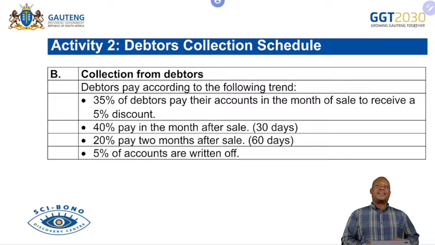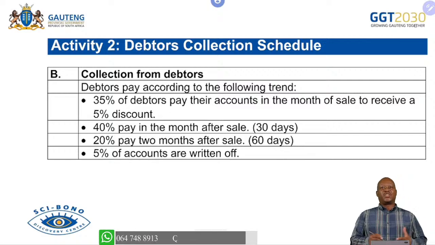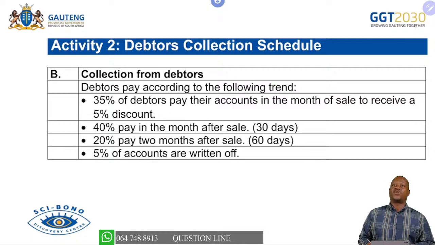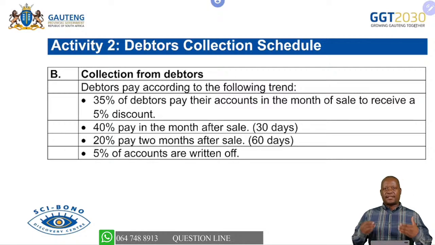Oh, now because there is an issue of a discount, we are having more debtors paying us in the first month, in the month of sale. Which means you sell in January, 35% make sure they try to pay in January to get a 5% discount.